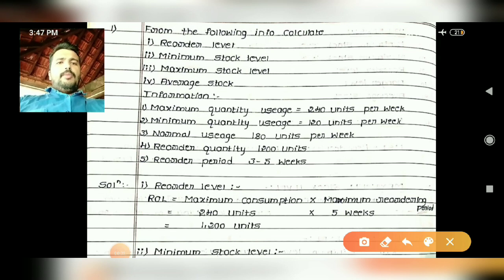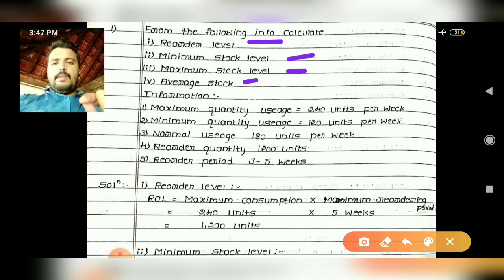From the following information, you have to calculate 4 important aspects. You have to calculate reorder level, minimum stock level, maximum stock level, average stock level. Hope you have watched the previous video which is concerned to the formula related to all these stock levels.